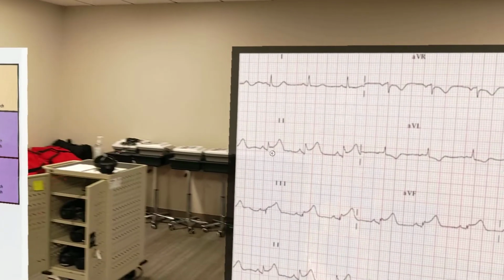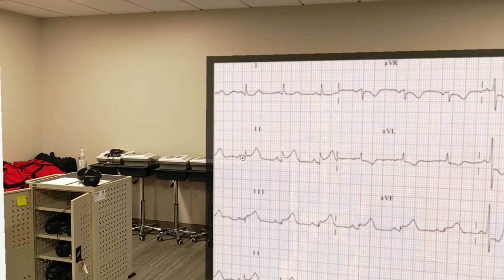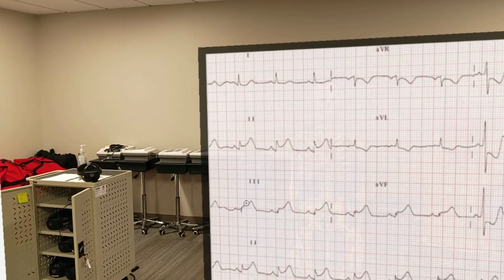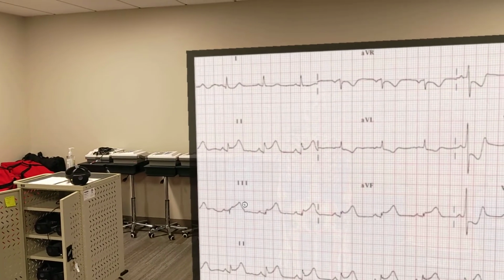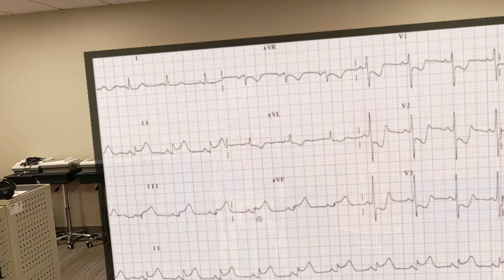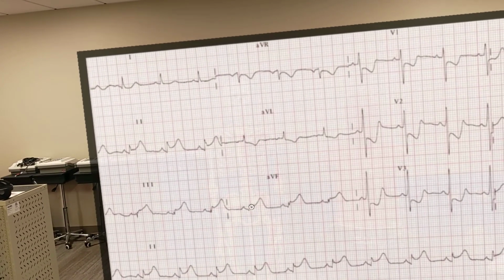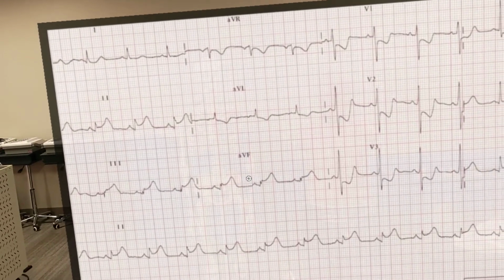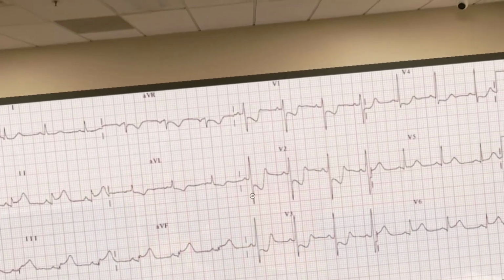I think we showed that at the beginning. But that ST segment is what's elevated. And you have another elevation in lead 3 for the ST segment. You have a depression here in AVL. And then you have another ST elevation. ST elevation myocardial infarction, STEMI, is what we're looking for.